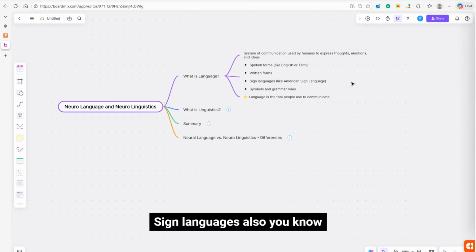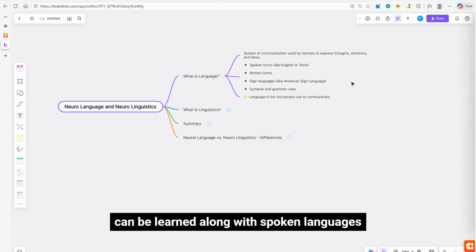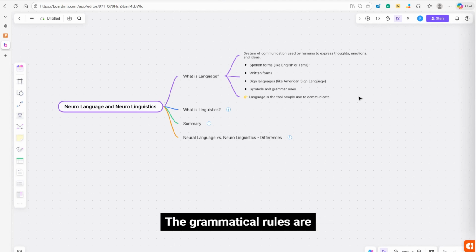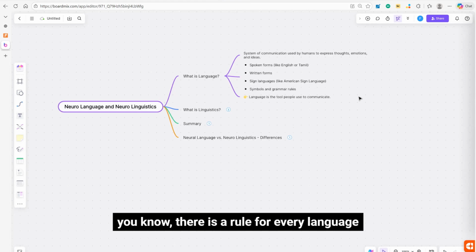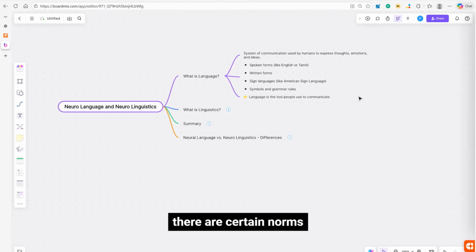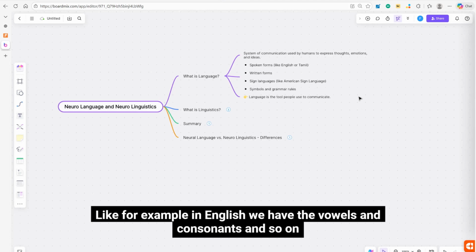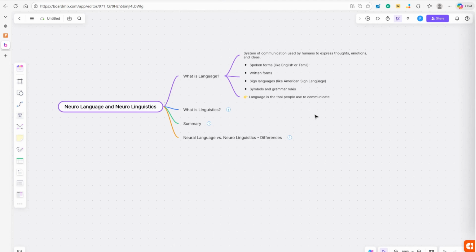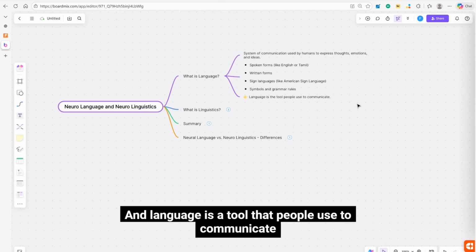Sign languages can also be learned along with spoken languages. Likewise, written languages and symbols are used. There is a grammatical rule for every language. There are certain norms, ways of expressing them, like for example in English we have the vowels and consonants and so on, and language is a tool that people use to communicate.